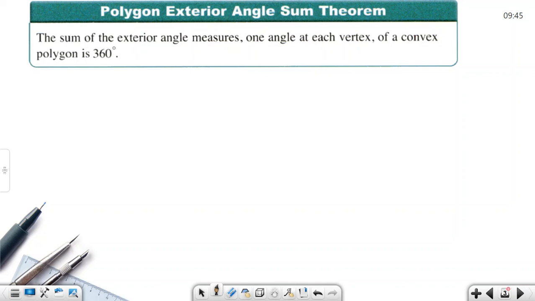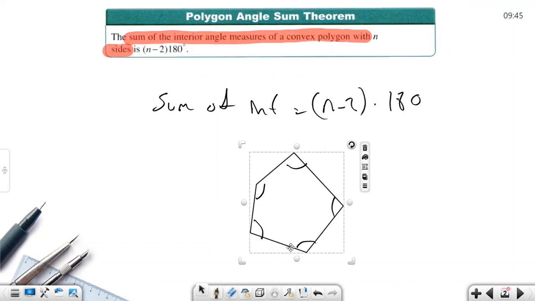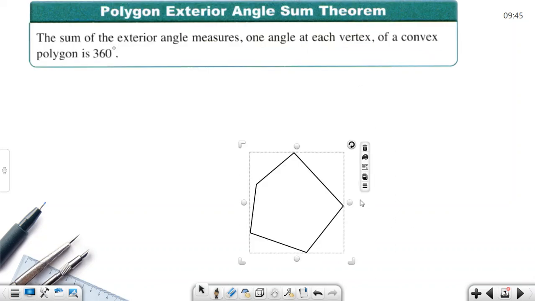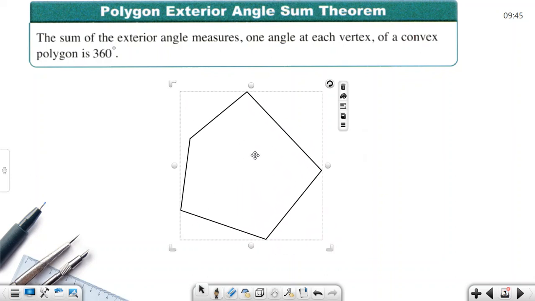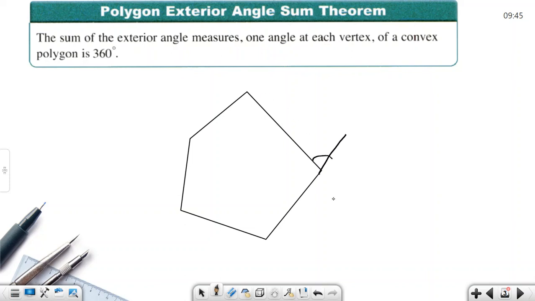The sum of exterior angles. When we talk about exterior angles, let's take that previous example. Let's say when we talk about exterior angles, continue from here. This is one exterior angle. Of course, you can ask me, teacher, can we draw that one? Yes.